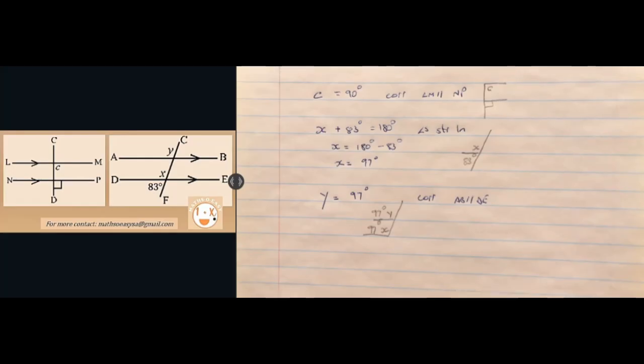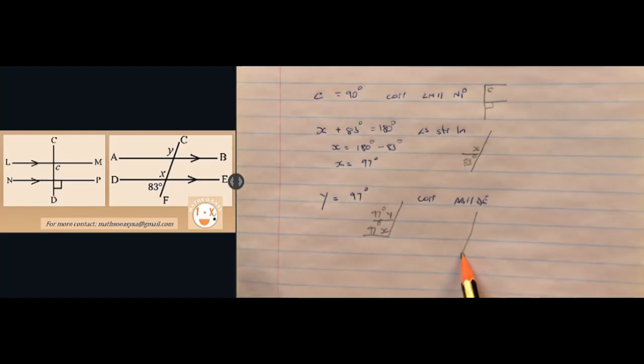Anything else that I want to address here? Right, now let me tell you what other learners do. Other learners will say Y is 97. If you say Y is 97, how have you proved that?